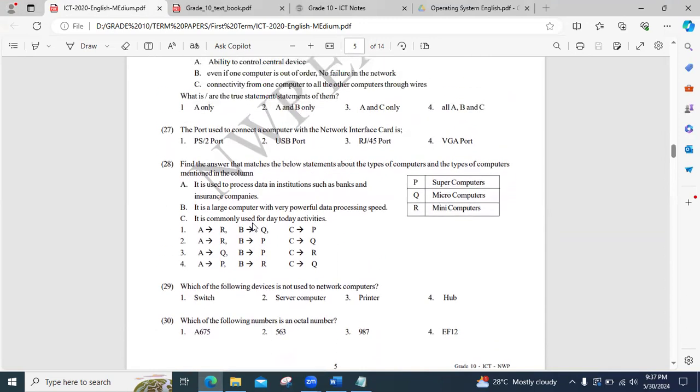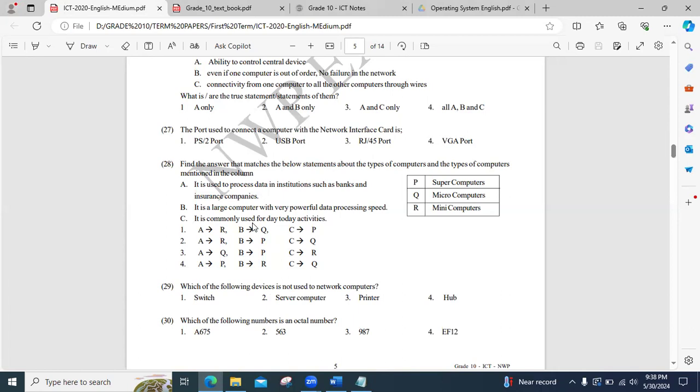28. Find the answer that matches the statements below about the types of computers mentioned in the color. A, it is used to process data in institutions such as banks and insurance companies. B, it is a large computer with very powerful data processing speed.